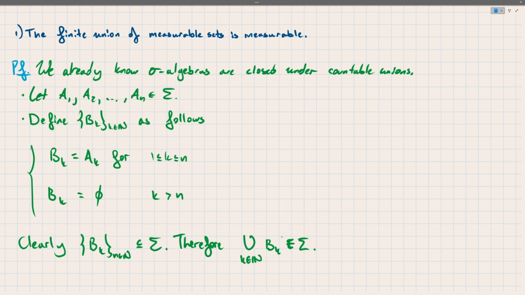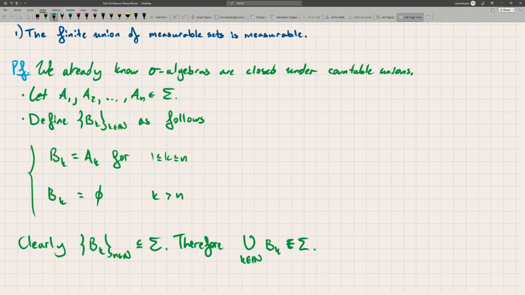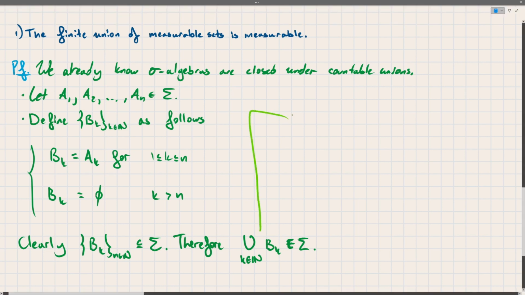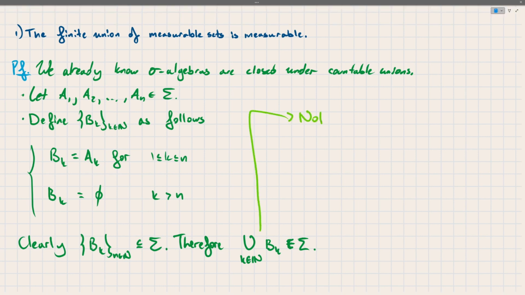Okay. Well, how do we go from this to a finite union? All we have to notice, and I'll just use a different color, we'll go up here. Notice that this union is actually finite. Why? Because if I write it out, this is equal to A1 union A2 union all the way to AN, right?